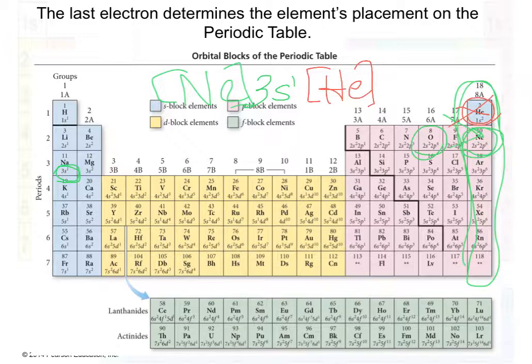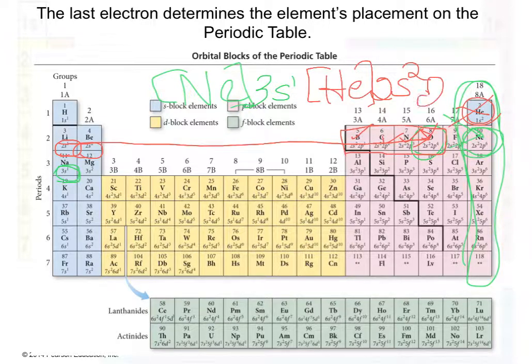That means we need to account for lithium, beryllium, boron, carbon, nitrogen, and then oxygen. So what do we have to account for? Well, we have 2s1, 2s2. You don't have to write them separately. Just say 2s2. And then what comes next? Then we have the p sublevels. How many electrons? 1, 2, 3, 4. So we have 2p4. So there's the shorthand for oxygen.